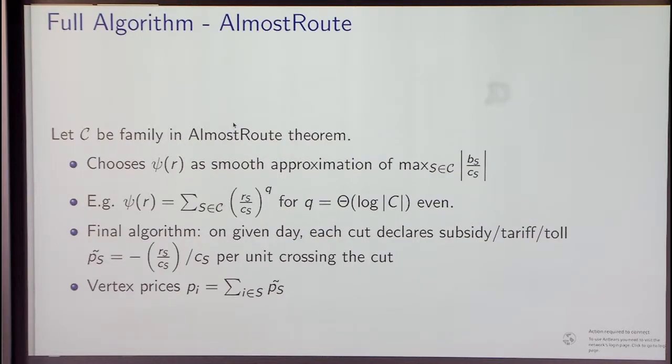So in particular, let's say we had a graph that had large conductance. Then these sets are just the singleton cuts, and literally all the algorithm is doing is keeping track of the residual at each vertex.